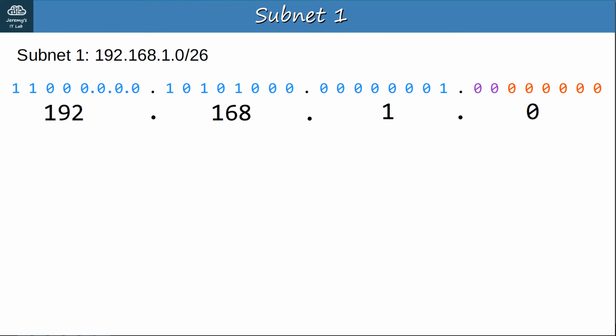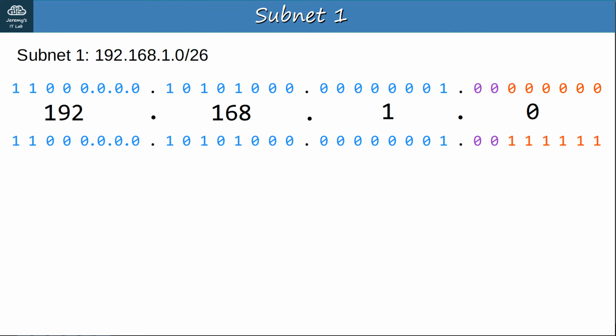This allows us to divide the larger /24 network into multiple smaller subnets. To find the broadcast address for this subnet, which is the highest address in the subnet's address range, set all of the bits in the host portion to 1. Next, let's convert this to dotted decimal. It becomes 192.168.1.63. That's the broadcast address.